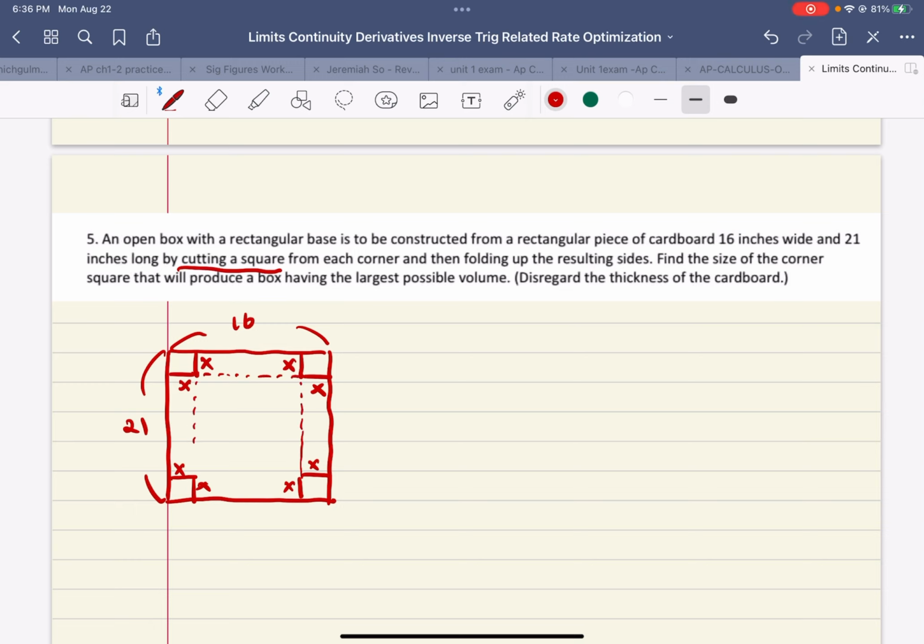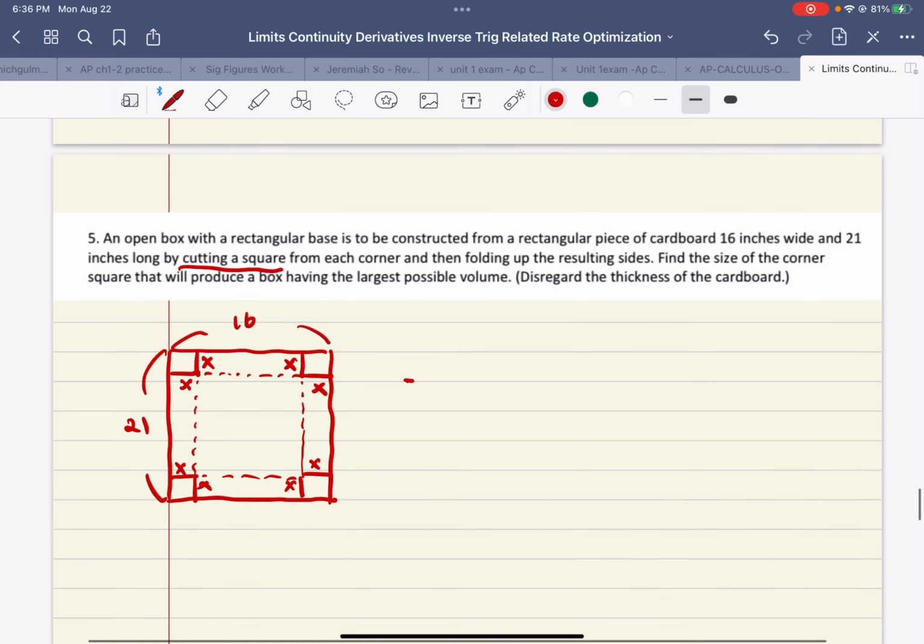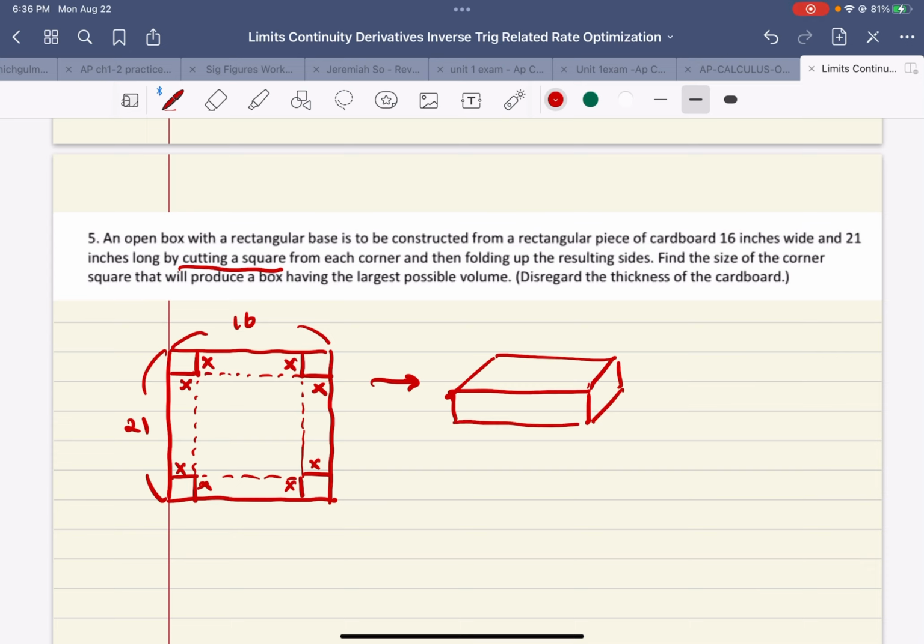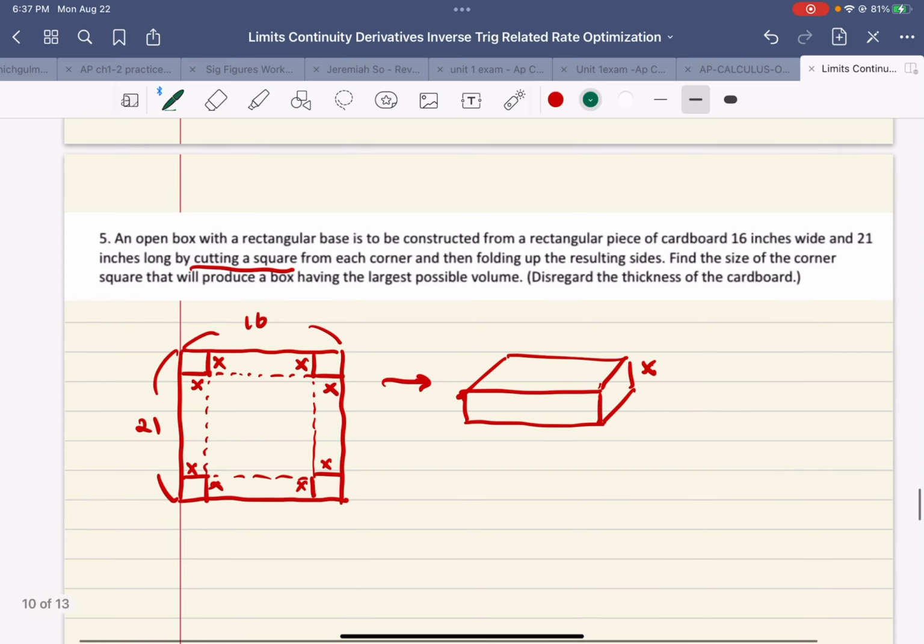After you cut the corners and fold up, in 3D you will get this kind of rectangular box with an open top. The height is x, this one right here is 21 minus 2x, and right here is 16 minus 2x.